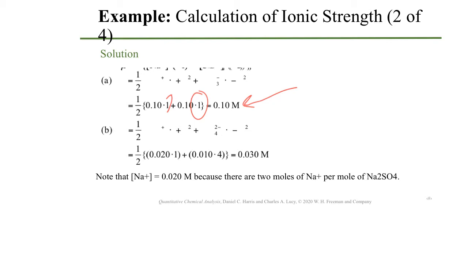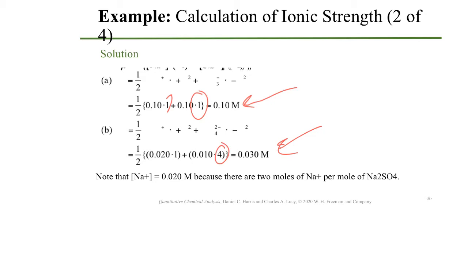Okay, so simple. But in this case, you have a 0.02 molar solution of Na, and then you've got a 0.01 molar solution of SO4, and the SO4 is 2 minus, so that becomes a 4, because that Z is now squared.